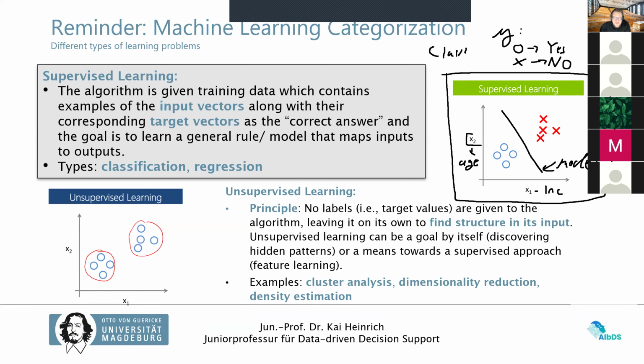I'm going to draw him like a little human. This customer is right here, with X1 like here and X2 here. Now we put these values into the model, and we see that he is left from this boundary, so we can say this guy is definitely a no. All right, so this is what supervised learning is.